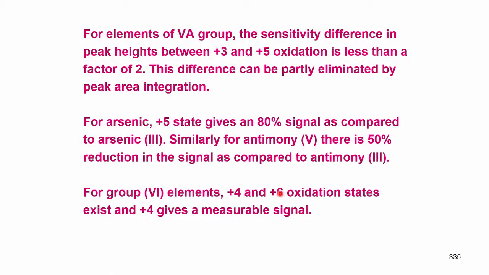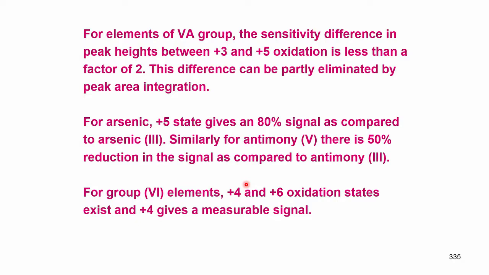That gives me speciation, whether arsenic is plus 5 or plus 3. Plus 5 is more dangerous than plus 3. Like that, chemical speciation is something very important that has been achieved using this arsenic hydride generation, but for group 6 elements it is not +5 and +3, but +4 and +6. So, that gives a measurable signal.